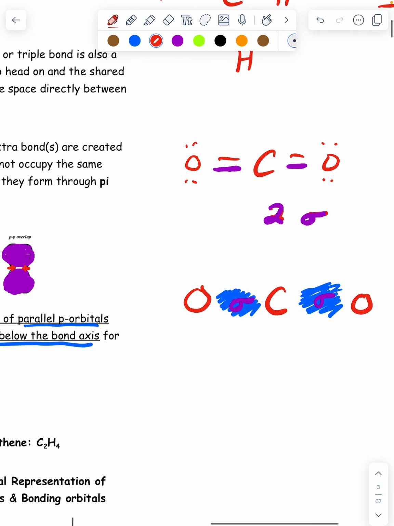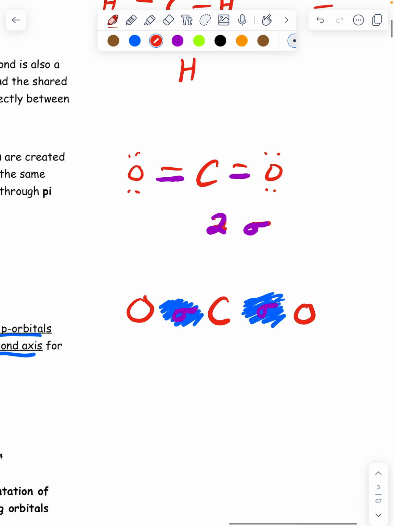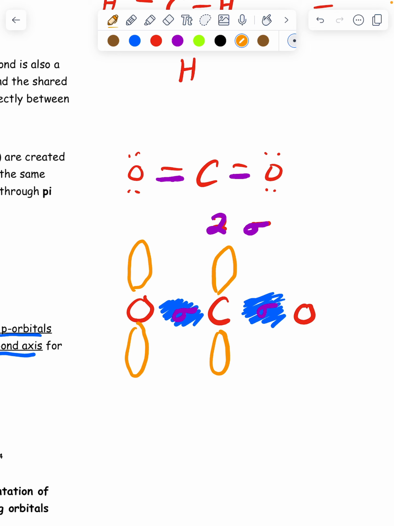And that allows us to have extra bonds in between these atoms, and they can occupy a different space from the sigma bonds. So, for example, in carbon dioxide, carbon has a p orbital here, and so this oxygen must also have a p orbital that's parallel, and so that allows overlap to happen above and overlap to happen below.